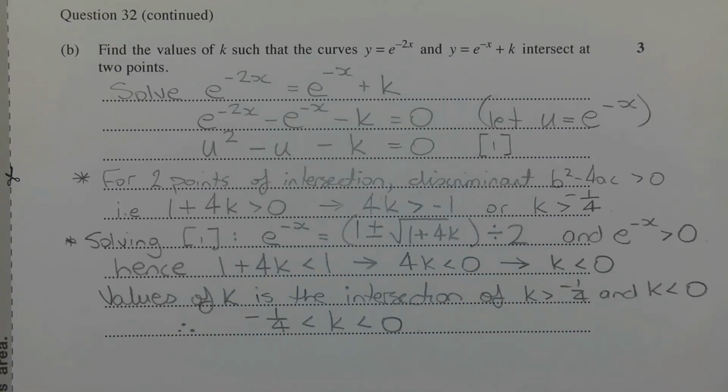But there's something else we need to consider as well. e to the power of negative x is positive for all real values of x. So if we go back to our equation number 1, and substitute e to the power of negative x back for u, and then use the quadratic formula, we get u, or e to the power of negative x, is equal to 1 plus or minus the square root of 1 plus 4k, in brackets, divided by 2.